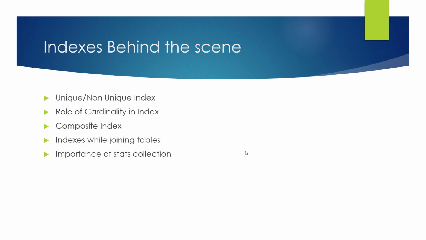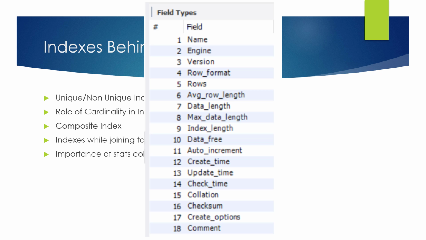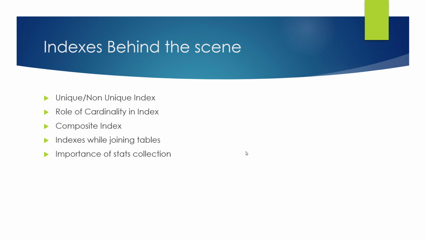So in the statistics, what it stores is information like how many rows a particular table has, how well distributed the data in the table is, how the columns are stored, how many rows the indexes have, or what the cardinality of the indexes is, how many blocks those indexes have, as well as the table has.